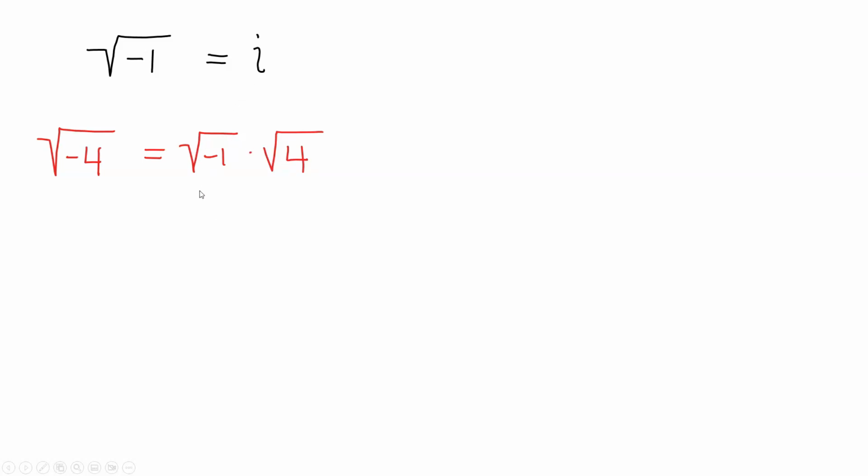The square root of -1, of course, would be i, because that's how we're defining it. The square root of 4 is 2, and we would say that the square root of -4 is 2i. This is a non-real answer. This was not going to show up on a graph or anything because graphs only deal with real numbers. However, we can now do this and come up with an answer.